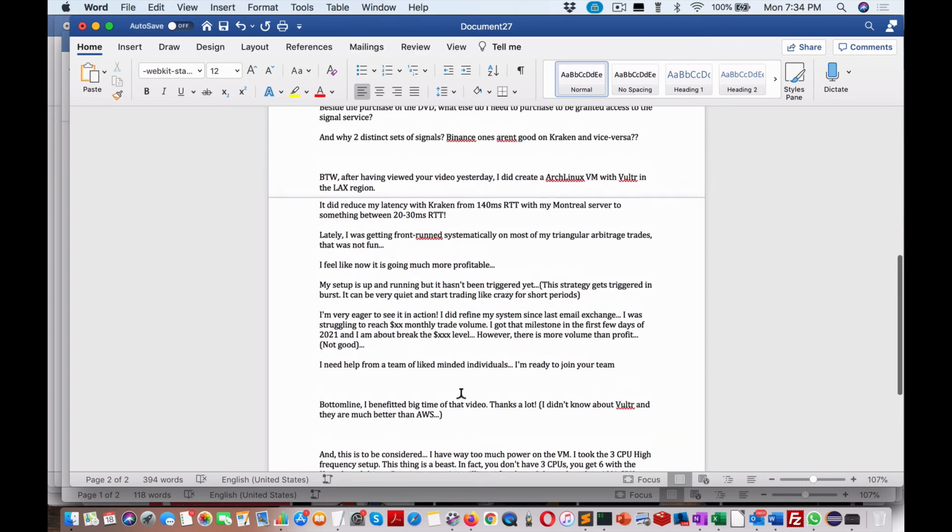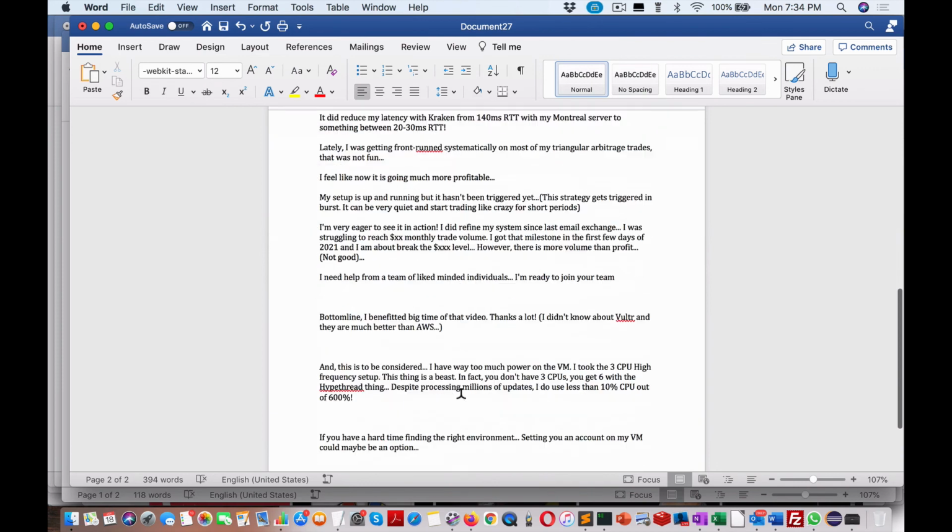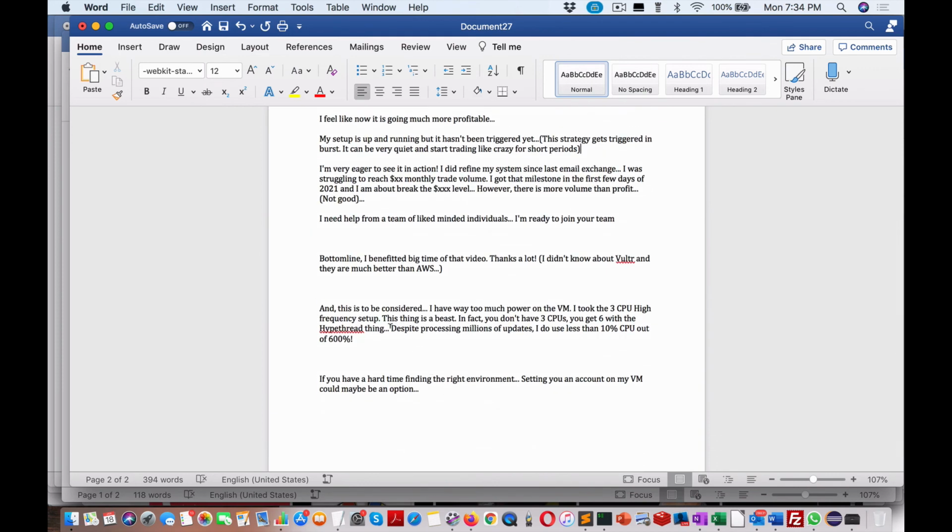And as he says here, the latency is good. The cost, actually, I think the cost here, and this is to be considered, I have way too much power on the VM. I took the 3 CPU high frequency setup. This thing is a beast. In fact, you don't have 3 CPU. You get 6 with the hyper-threading thing.